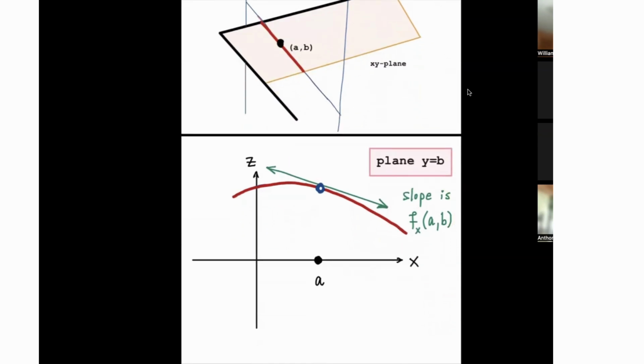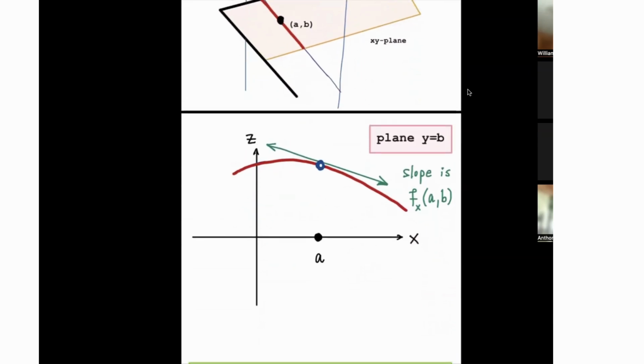another way to look at that, and you'll see in a second when I actually make a definition, is to think about if you fix the y coordinate, then you're really looking at a map which sends x to f of x, b.